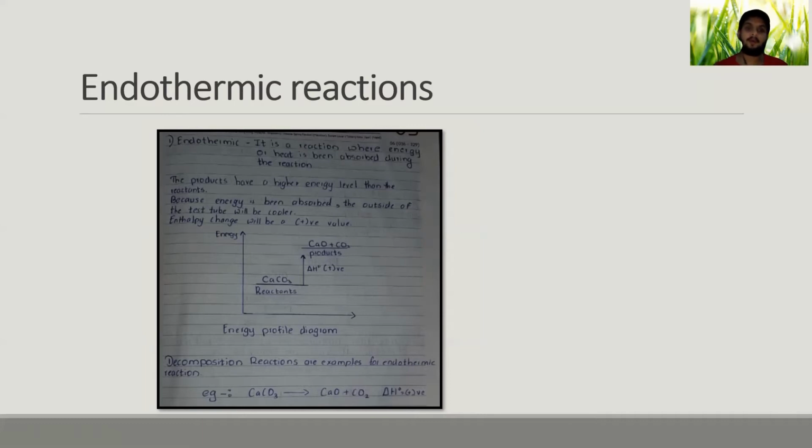Now this enthalpy change, or this endothermic reaction, can be represented in a particular diagram, like a graph, which we refer to as an energy profile diagram. As you can see, we are only worried about the y-axis, because the y-axis tells us the energy.